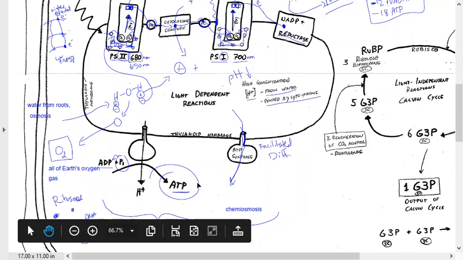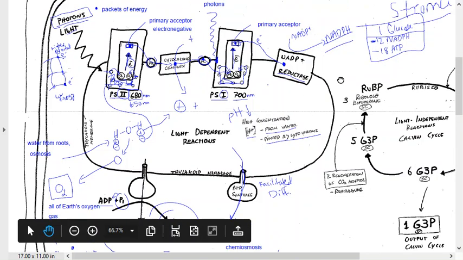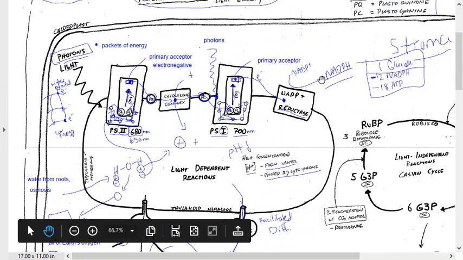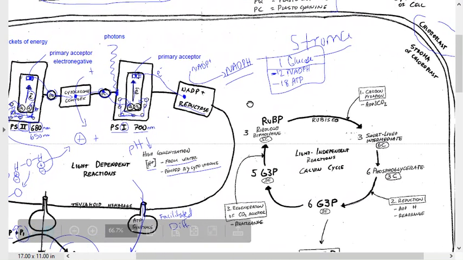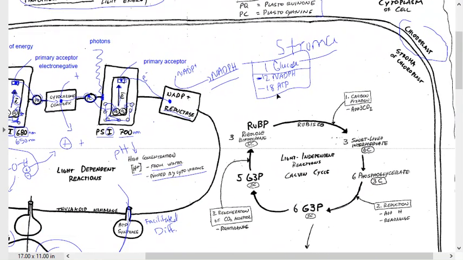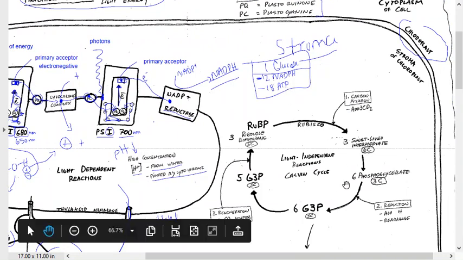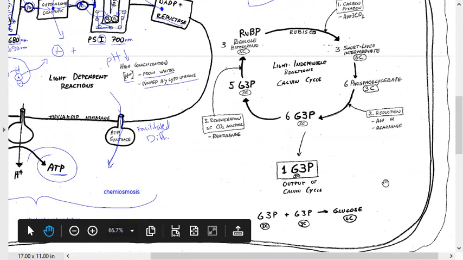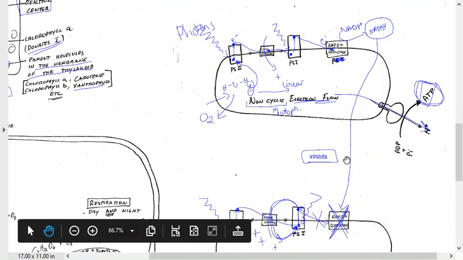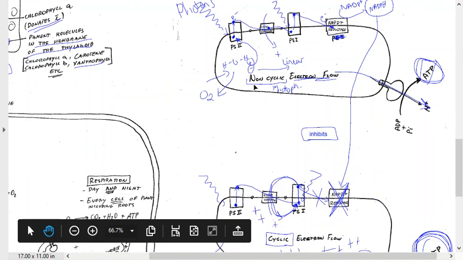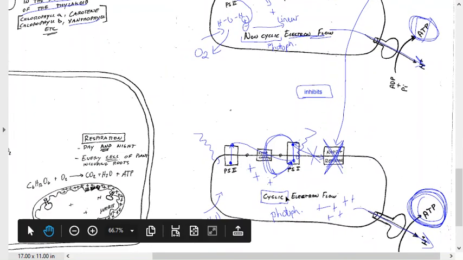So our two products are ATP, well, oxygen is a waste product, but ATP and NADPH. And we'll need 12 NADPHs and 18 ATPs to make one glucose in the Calvin cycle. And to guarantee that we have enough ATPs, sometimes the cells switch from non-cyclic to cyclic electron flow.